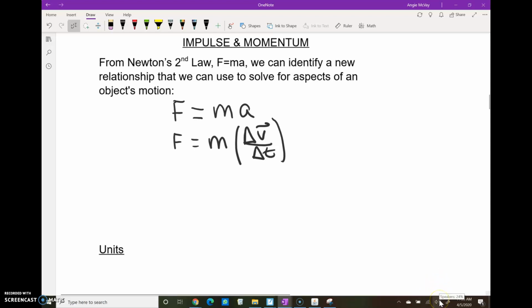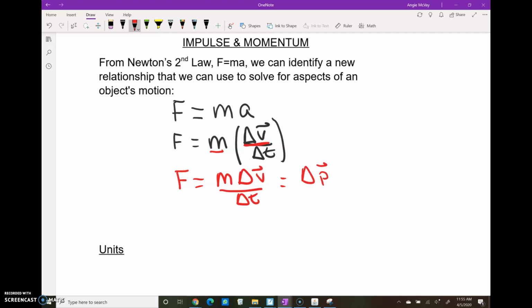Okay, and then let's rewrite that. What is mass times velocity? That's momentum. So that means a net force is an object's mass times change in velocity over time, which is the same as saying change in momentum over time.